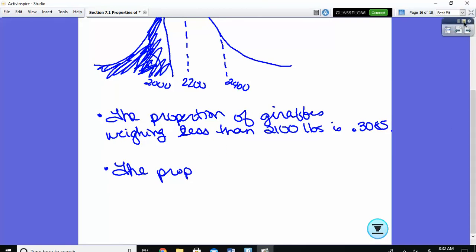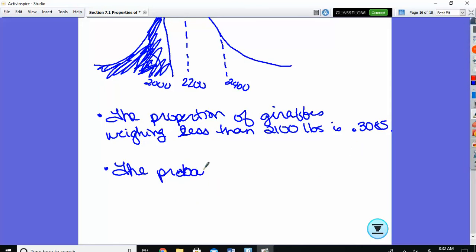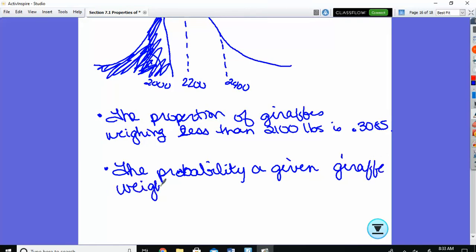The other interpretation is a probability. So the probability a given giraffe weighs less than 2,100 pounds is 0.3085.